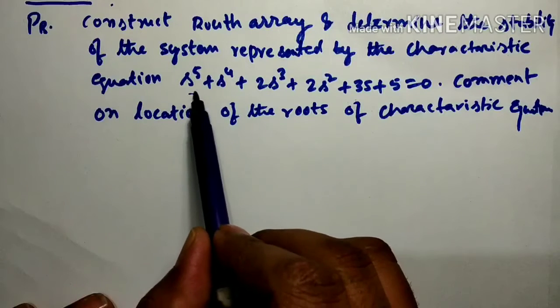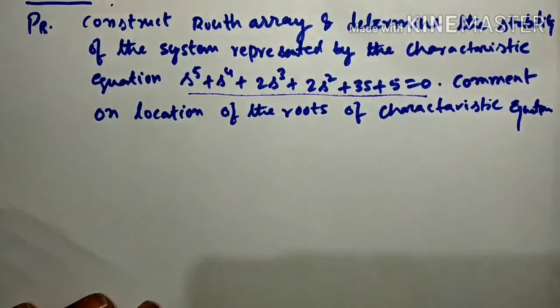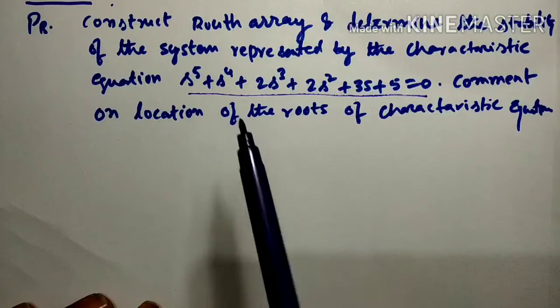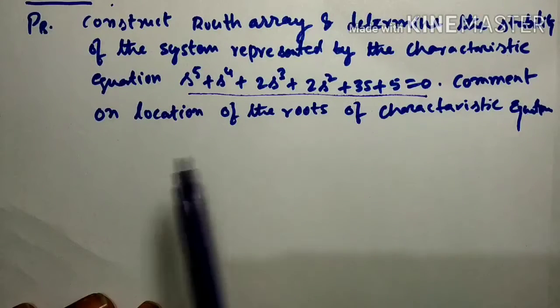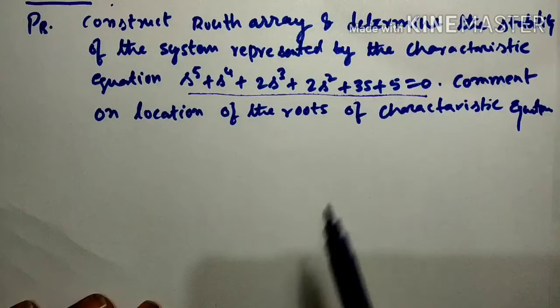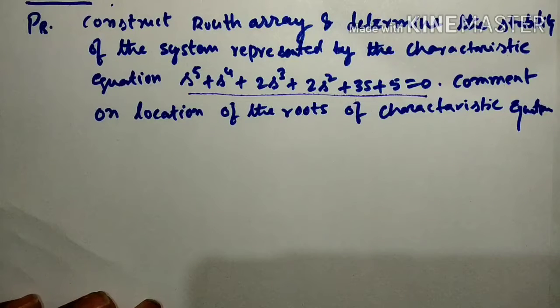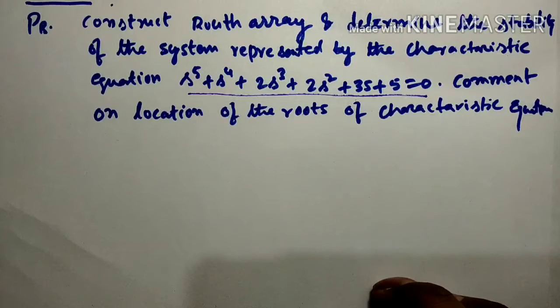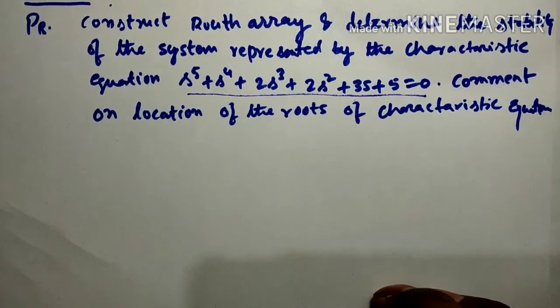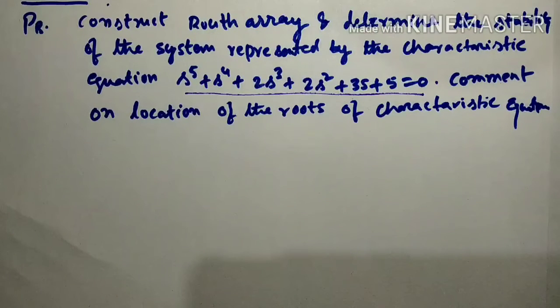This characteristic equation is given to us. We have to apply the Routh stability criterion and also comment on the location of the roots of the characteristic equation: how many roots are there on the right of the S-plane. We should also tell whether the system is stable or not.